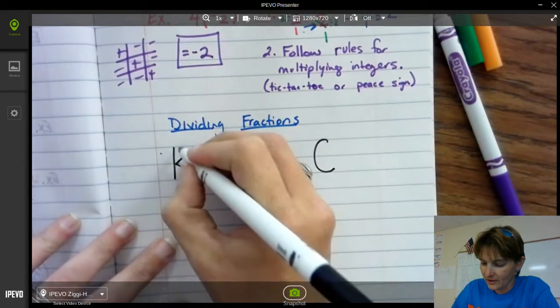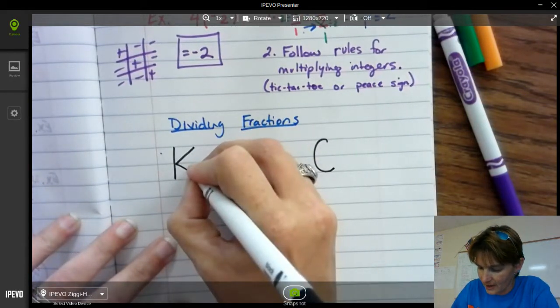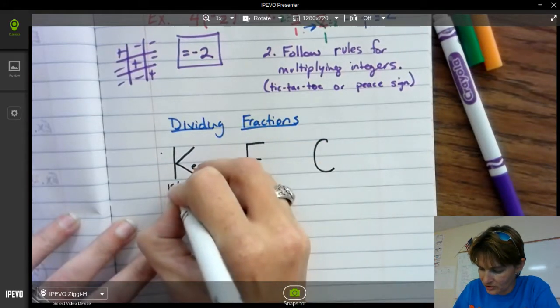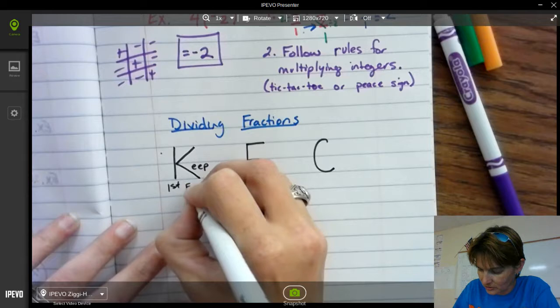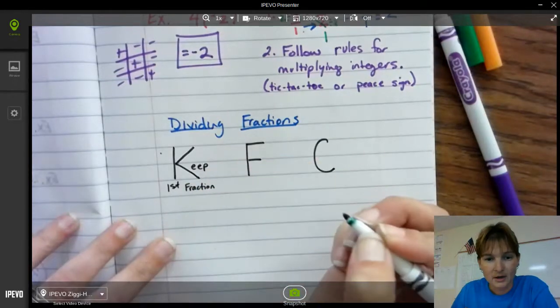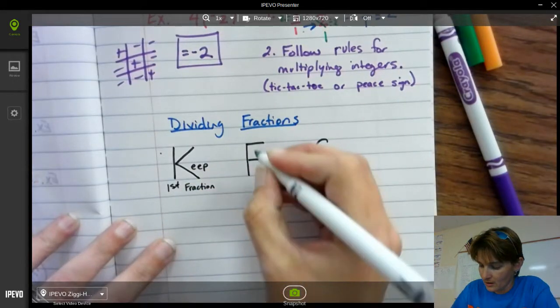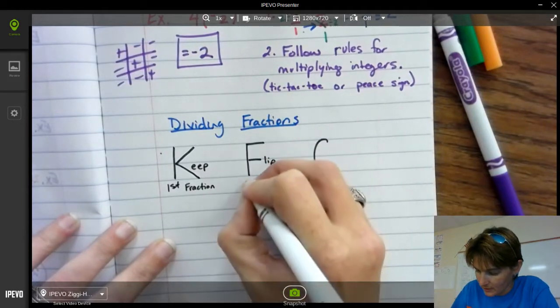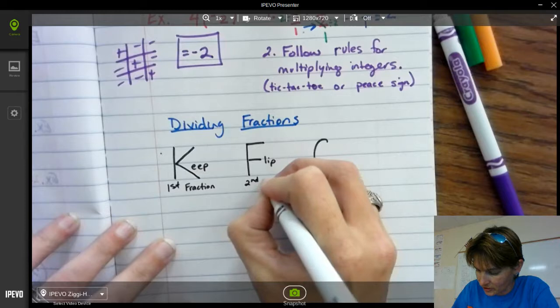All right, so the K stands for keep, and we're keeping the first fraction, keeping it the same.